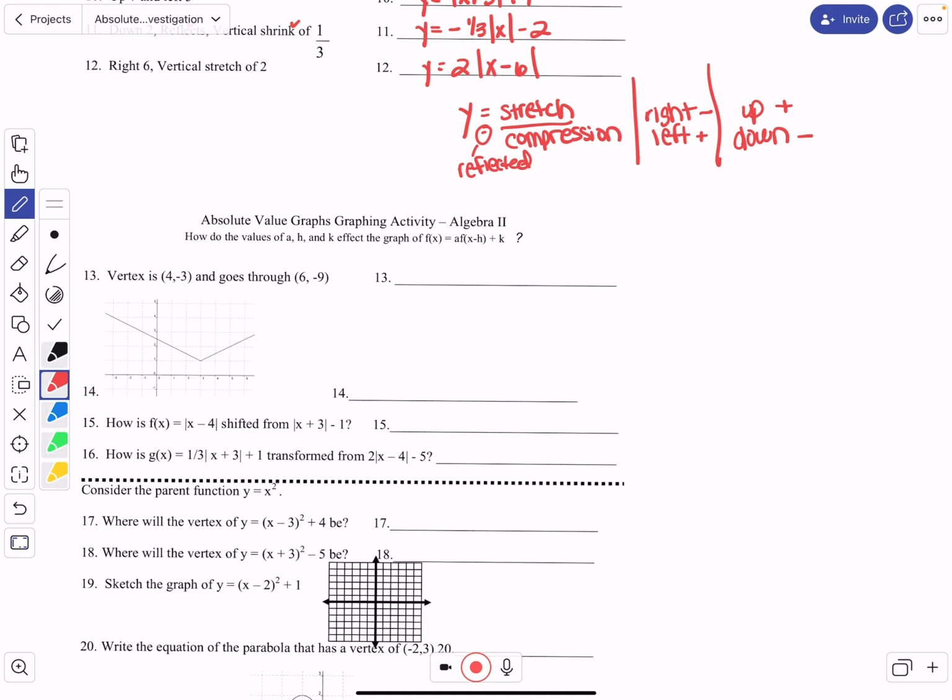So if we look at this, we got vertex is 4, -3, and goes through 6, 9.